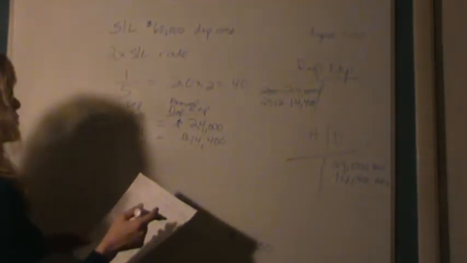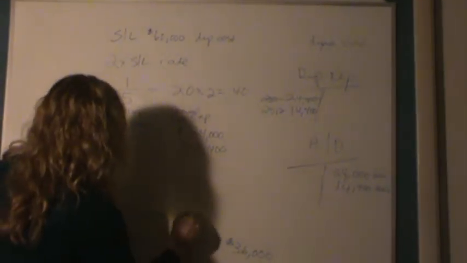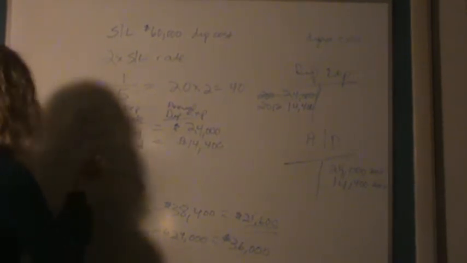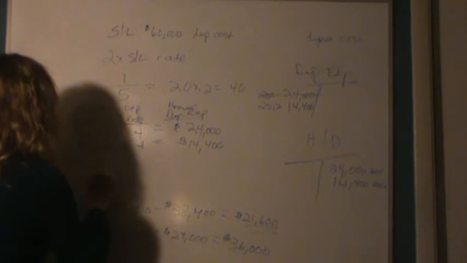So that is going to be 38,400. That will give us 21,600. So this is our book value, 21,600 at the end of 2012 or the beginning of 2013.